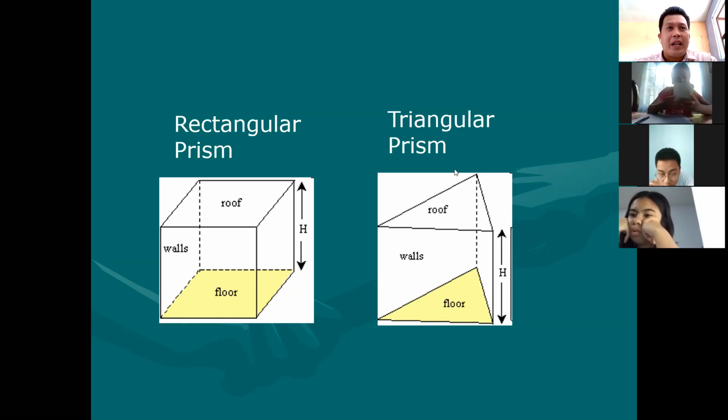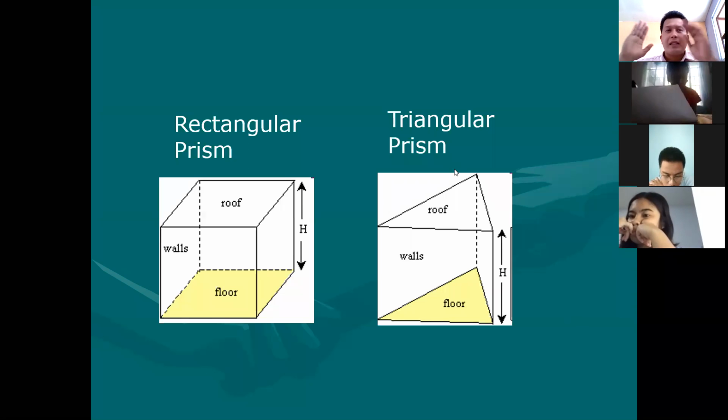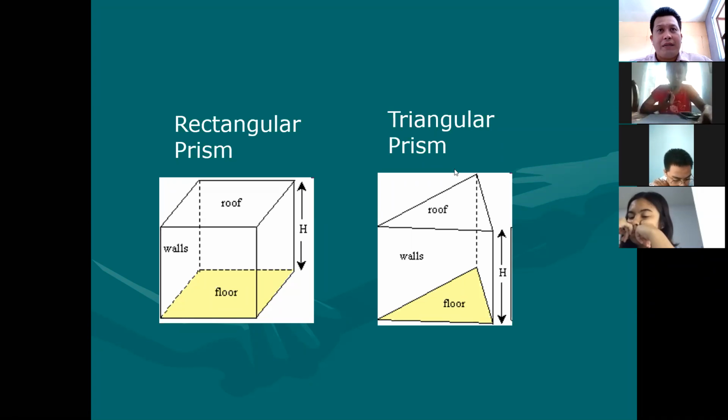You're going to find all the areas of the faces and then you add them. That's the total surface area of a certain solid. Again, find the area of the base, the area of the top face, the area of the lateral faces, the left and right, and then the front and the back face. That's how you are going to count the total surface area of a certain solid figure.